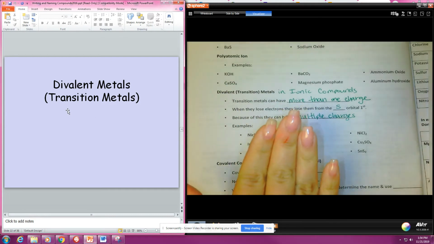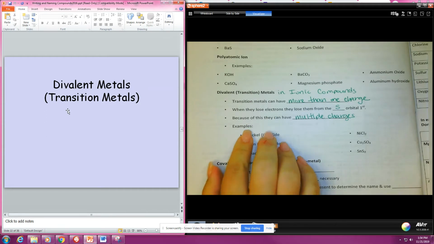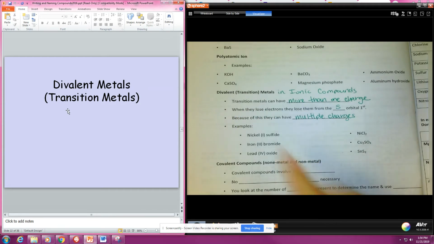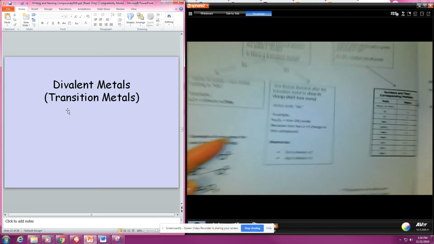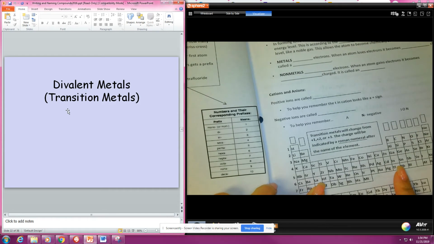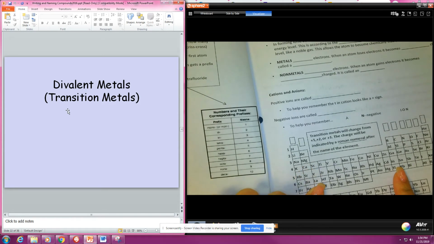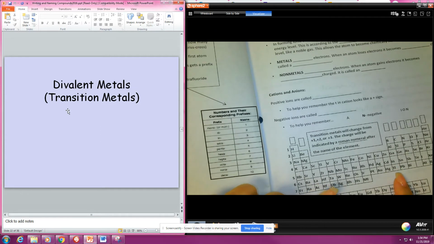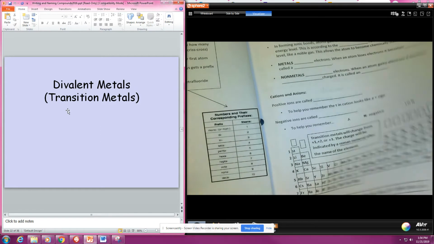We're going to do one more type of ionic compound, and that's if the ionic compound has a transition metal in it. So remember that our transition metals are right here in the middle of the periodic table, and we did not memorize charges for them because they can have a different charge depending on what element they're bound to.